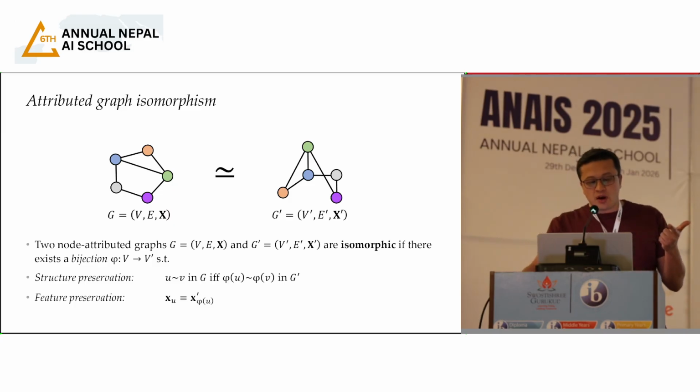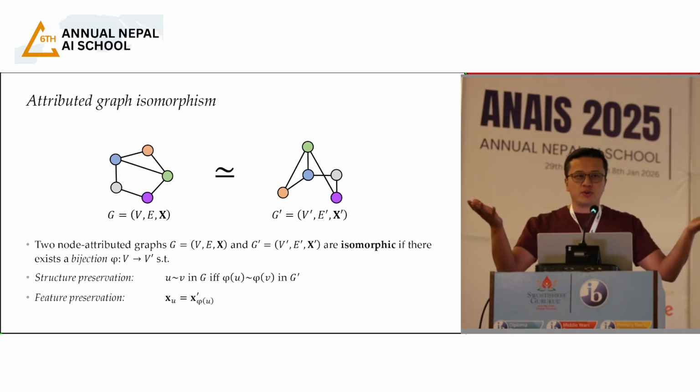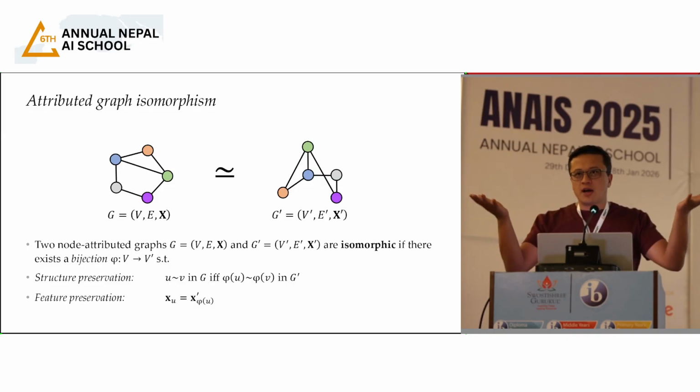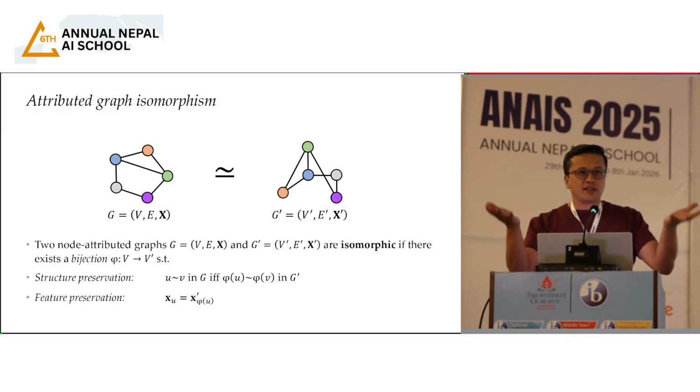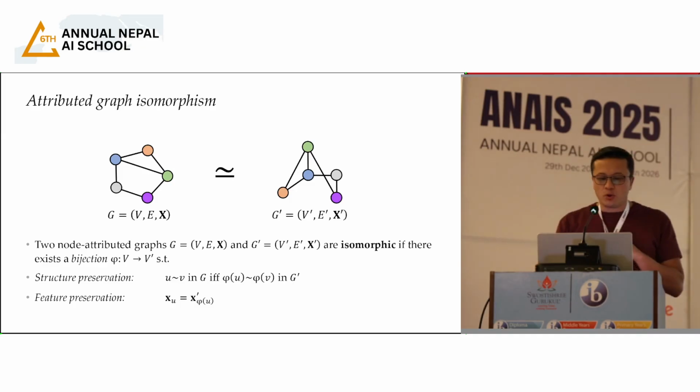But also, after applying the bijection on the nodes, matches the features of the original node. This makes sense, right? So if you are going to conclude that two objects are identical, we have to make sure that they are structurally identical, and also the features match, right, through this bijection. This is all that it's saying.